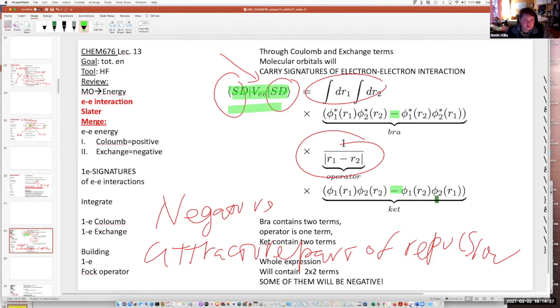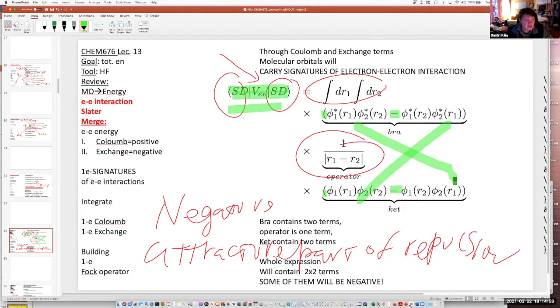2 by 2 will be totally 4 terms, and 2 of them that multiply plus and plus and minus and minus will have an overall plus sign, and two of them, cross terms that multiply plus by minus and minus by plus, will have a minus sign.